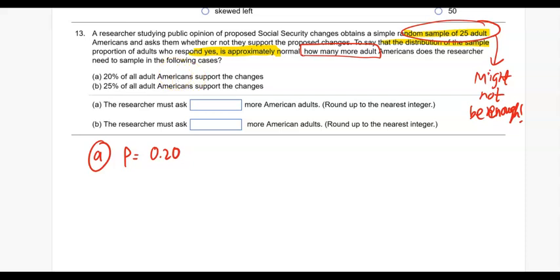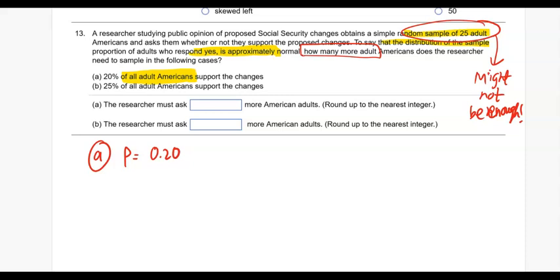That's the p. Since I'm looking for how many adults we actually need, and they sampled 25, which might not be enough, I can find how many more I need. So let's find how many we actually need in this case.